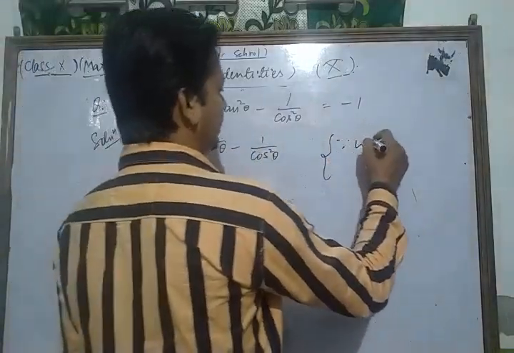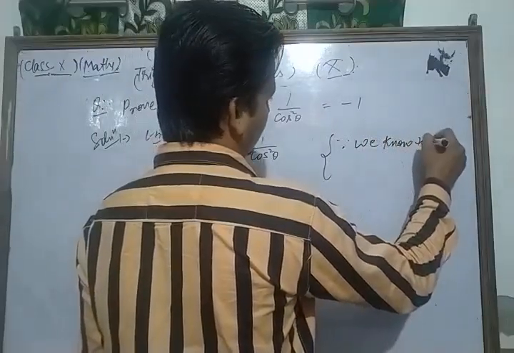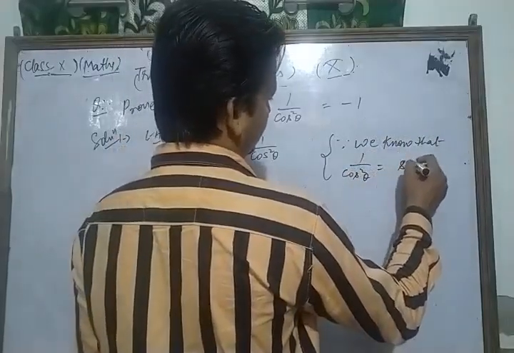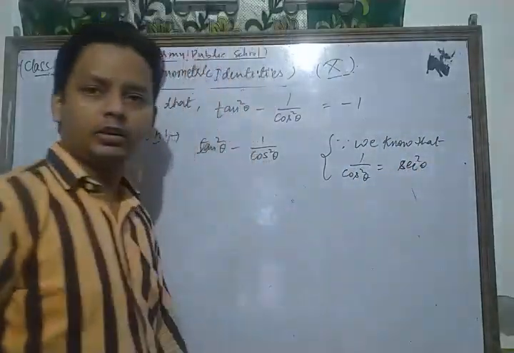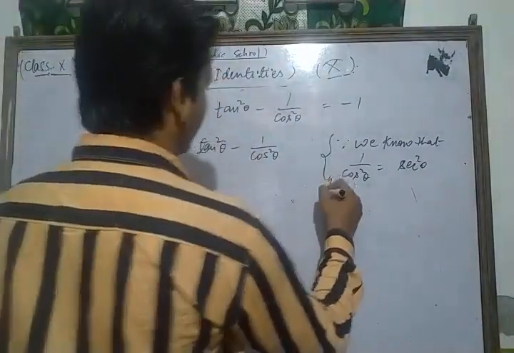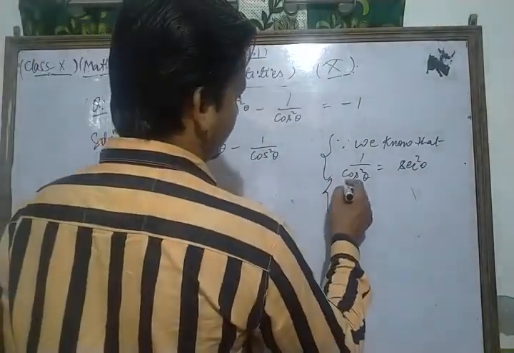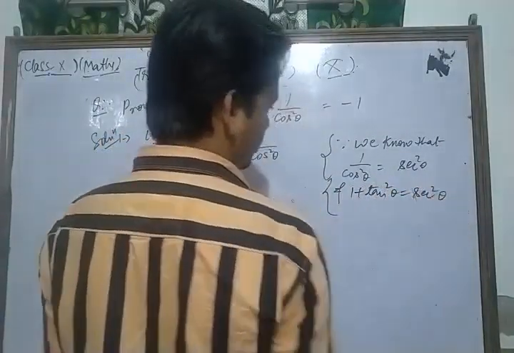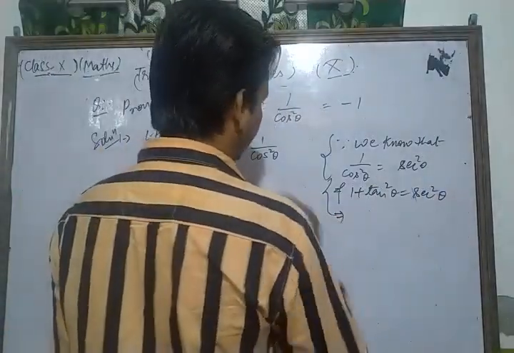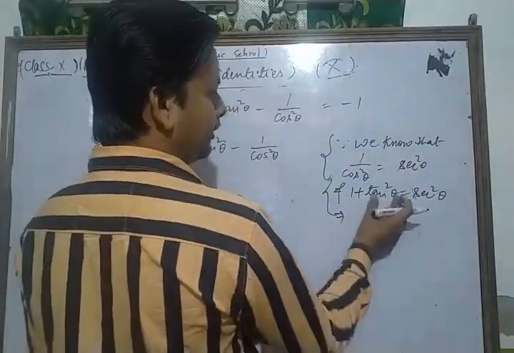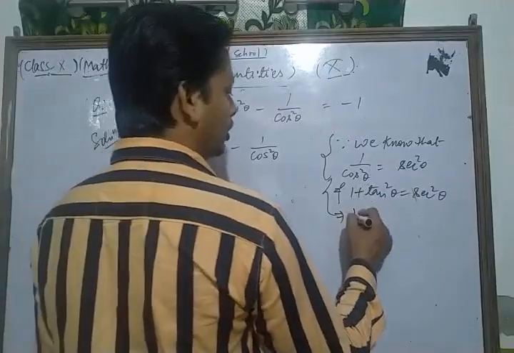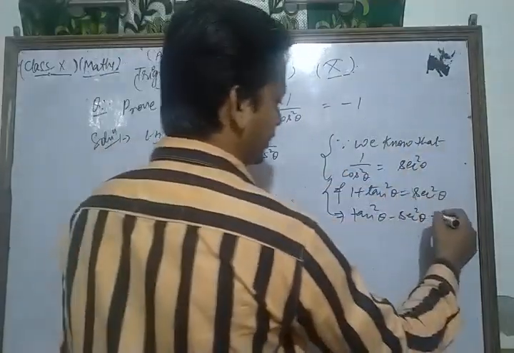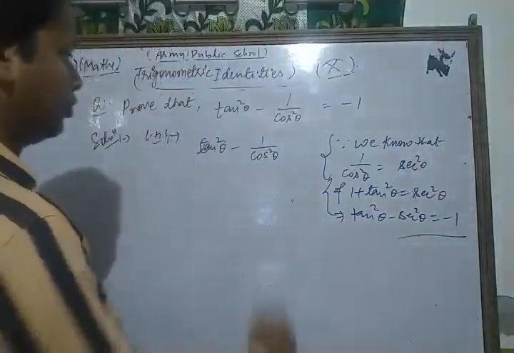Since we know that 1 upon cos square theta is equal to sec square theta, and 1 plus tan square theta is equal to sec square theta. So from there, if we transfer sec square theta to that side, we have tan square theta minus sec square theta, and 1 transferred to that side is equal to minus 1.